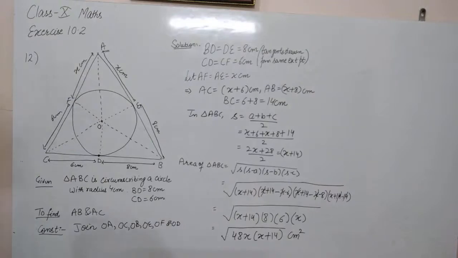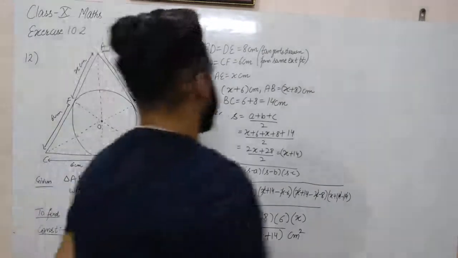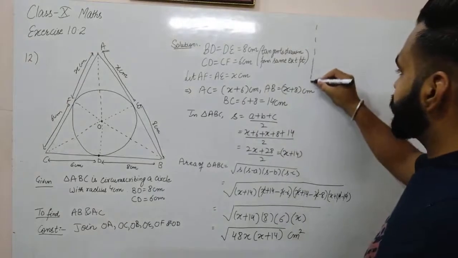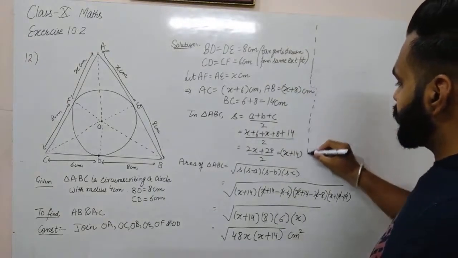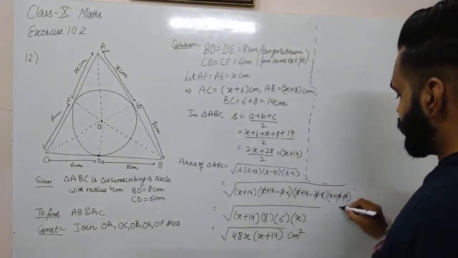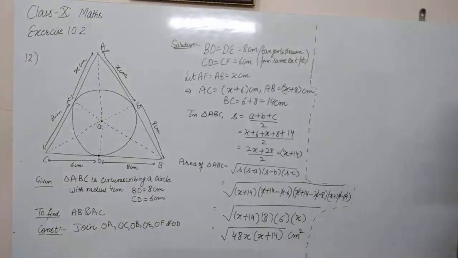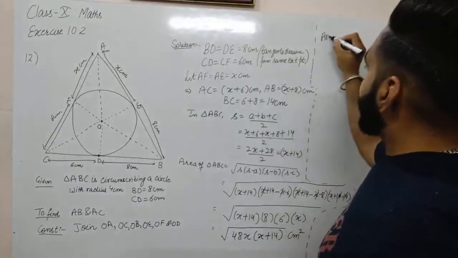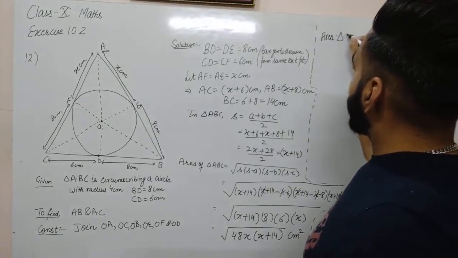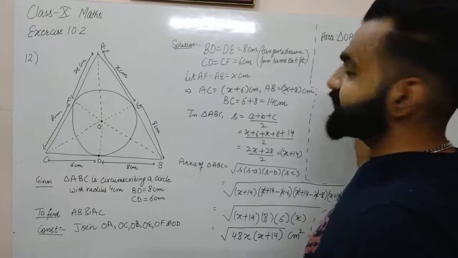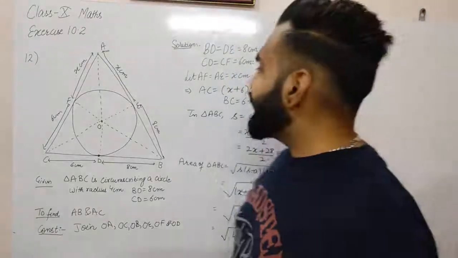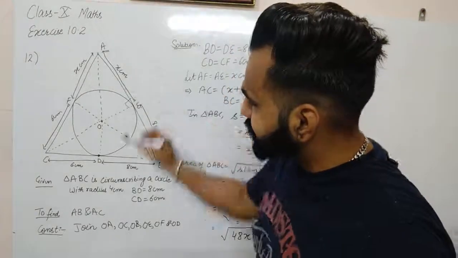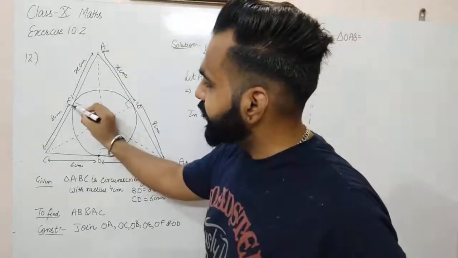Now we will find the area of the triangles separately. First of all, in triangle OAB, area of triangle OAB is half base into height. This will be the height here because all these angles are 90 degrees.